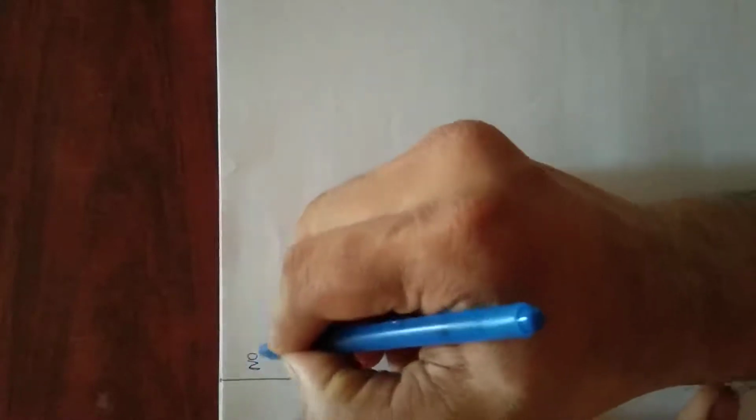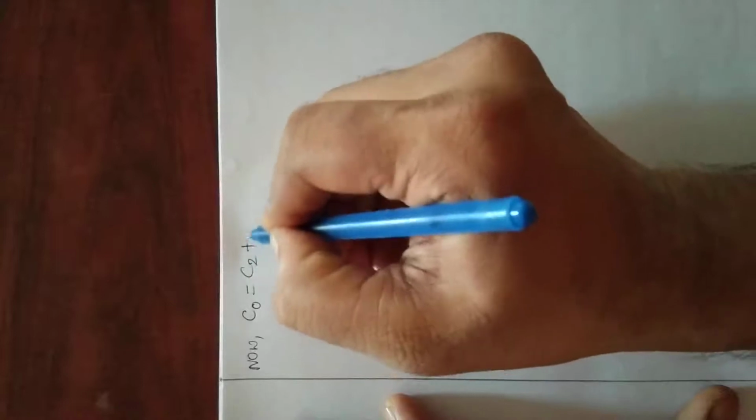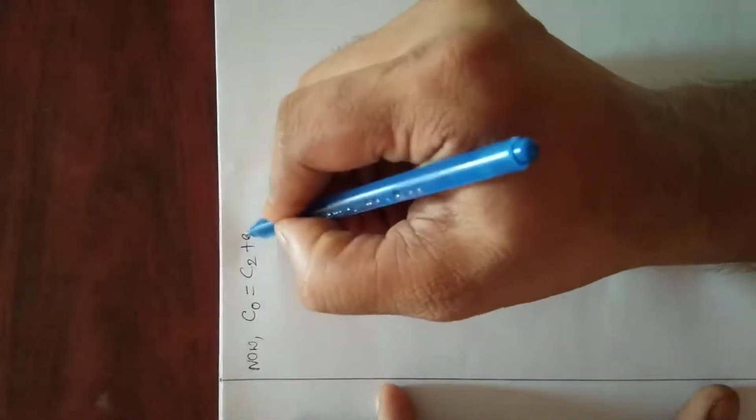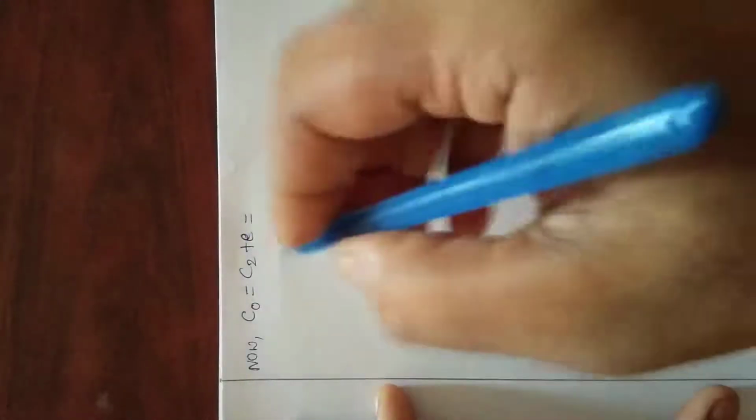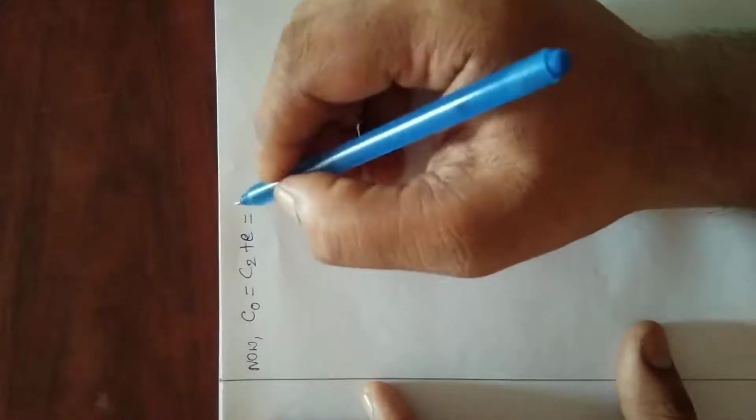So now from the diagram we can find, what will be the C naught? C naught is C2 plus E, am I right? However I can write, C2 plus E, or I can write C1 minus E, both are same.